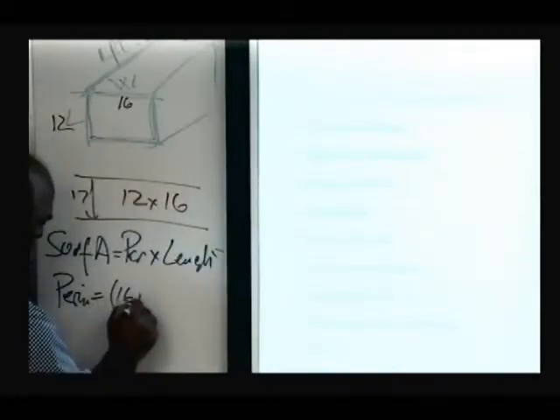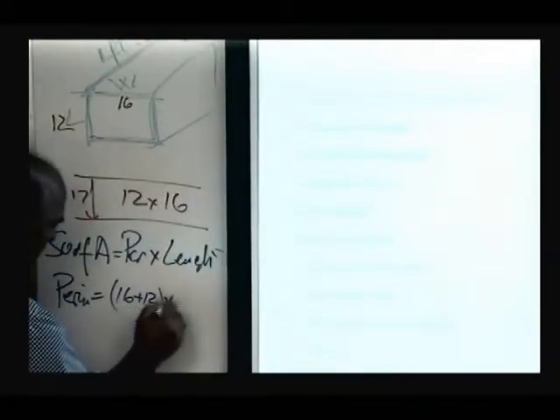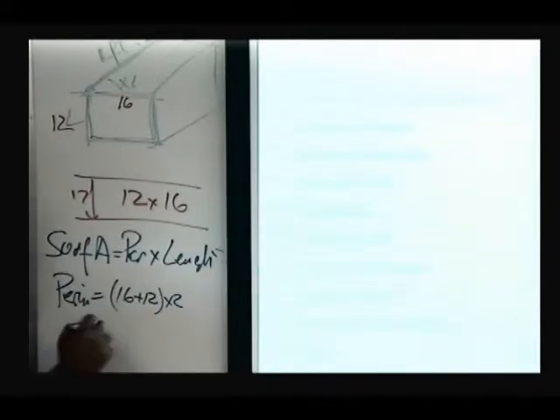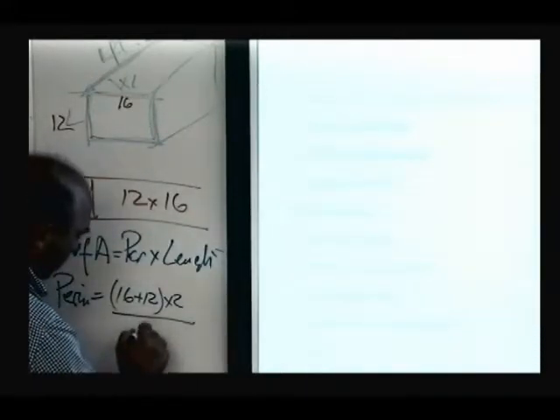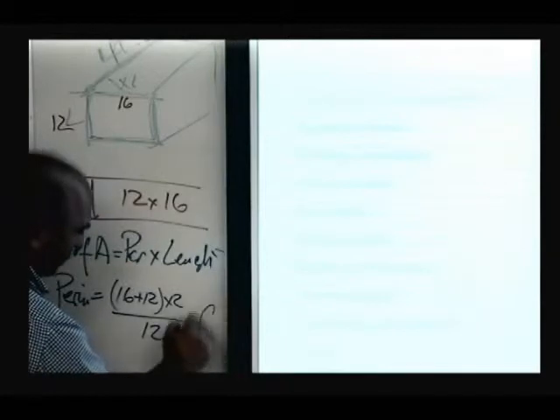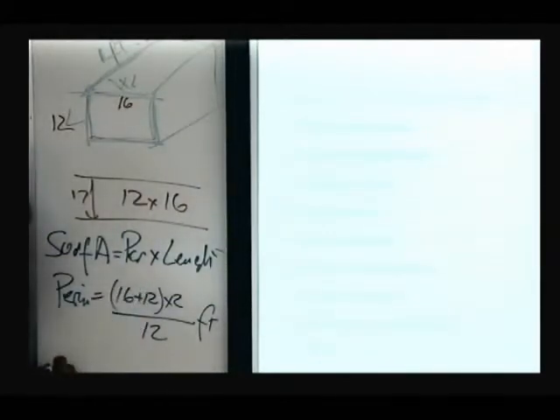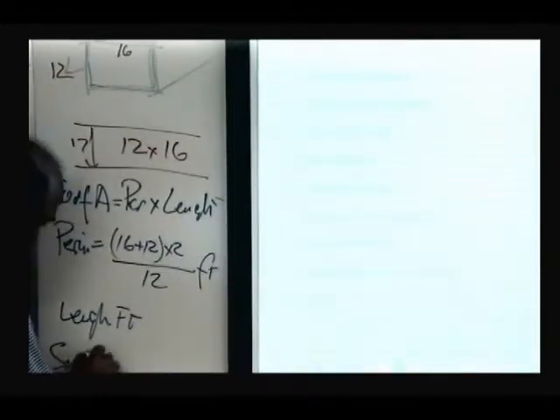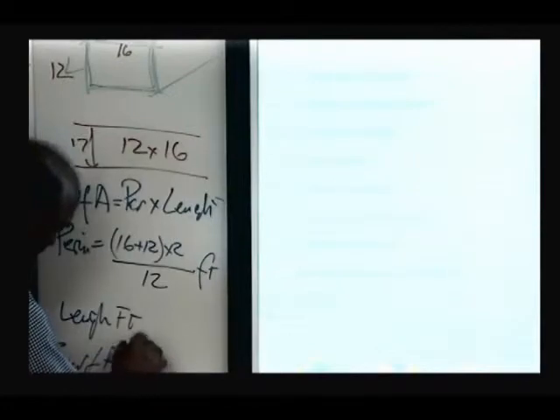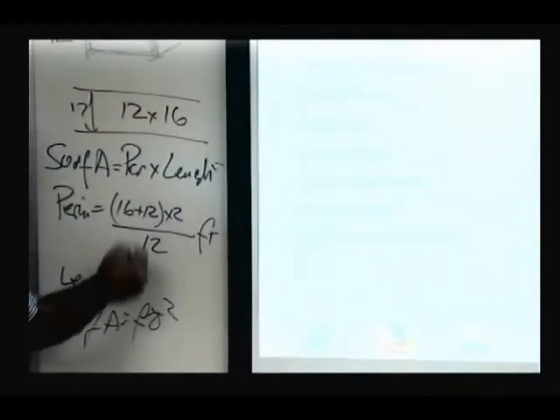The perimeter is going to be 16 plus 12 times 2, right? But that's in inches. So we need to divide that by 12 to get it into feet. So that would be the perimeter. If we multiply the perimeter by the length, it is going to be in feet. So then the surface area is going to be in square feet.